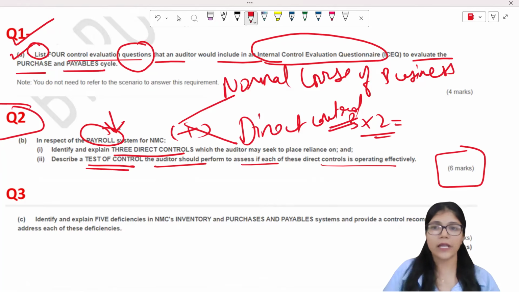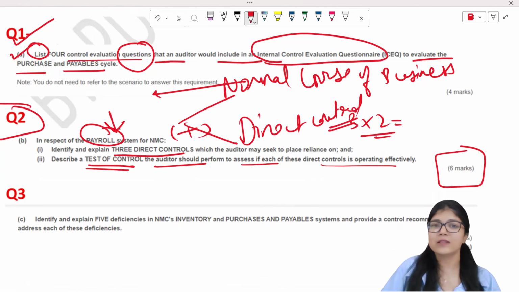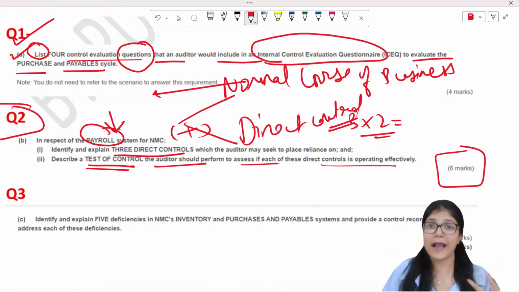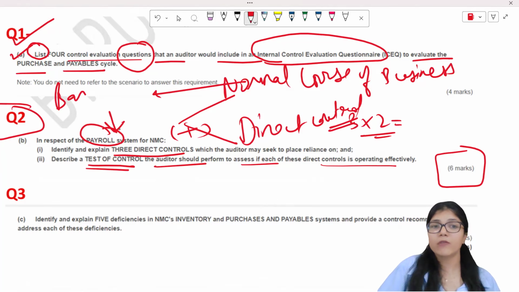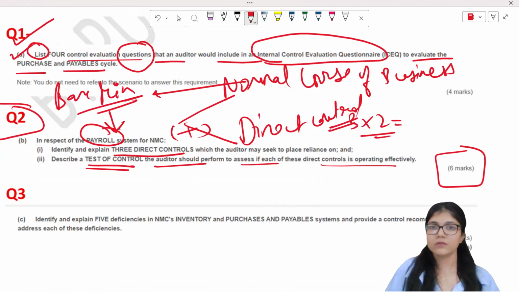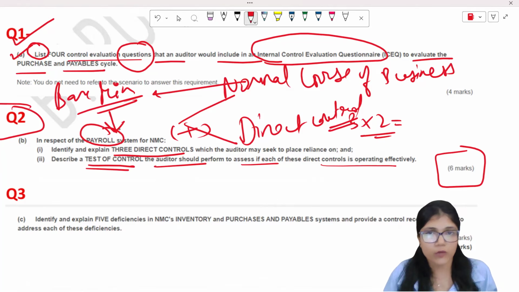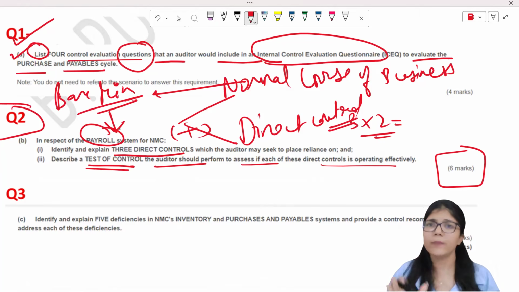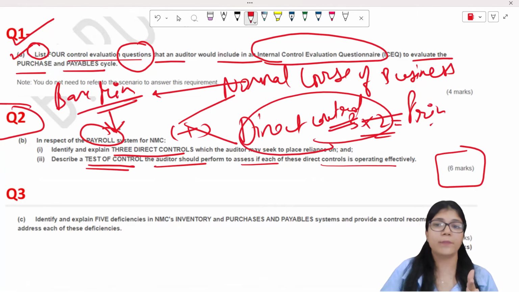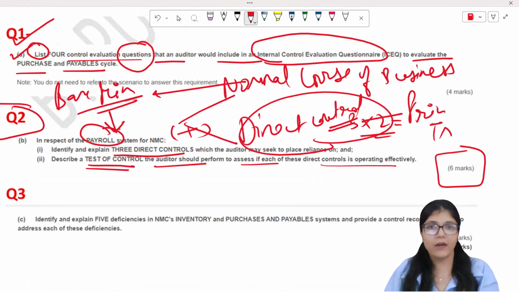If I just tell you from a layman perspective, Instagram, Gen Z wording perspective, normal course of business activities is when you are doing something which is bare minimum, right? Which you should be doing. It's not something where you have gone the extra mile. It's just the bare minimum thing that you should be doing for your organization, right? So that is bare minimum. And direct control is like a princess treatment. Princess treatment is when you go the extra mile for somebody, right?